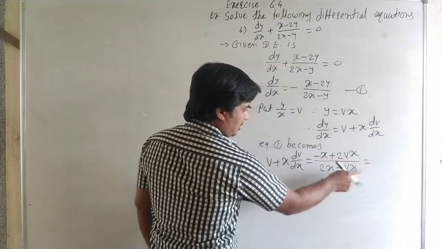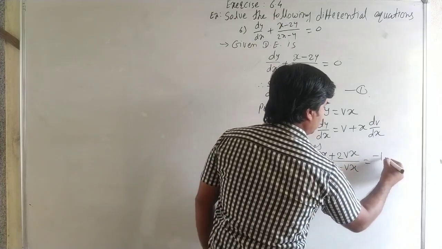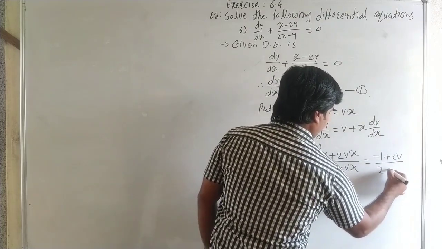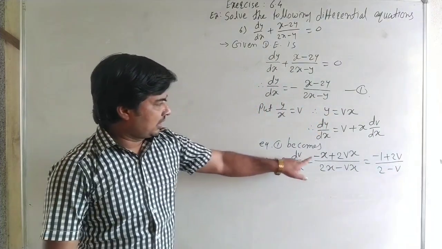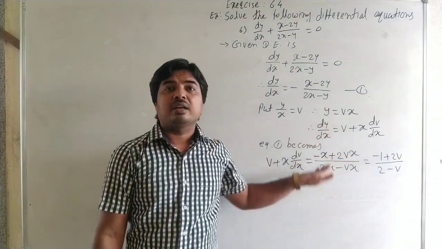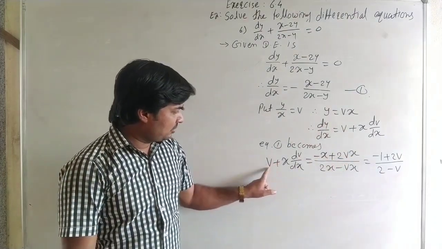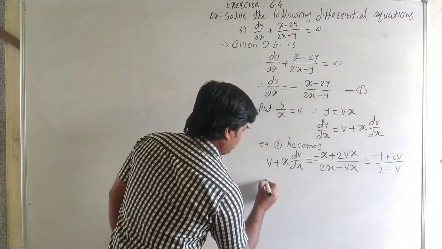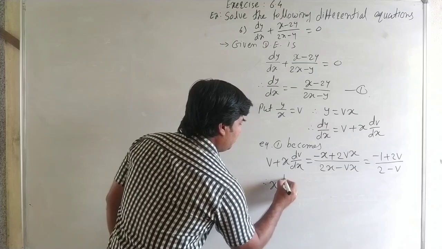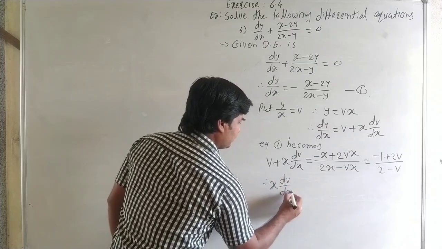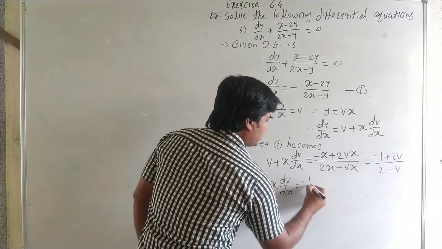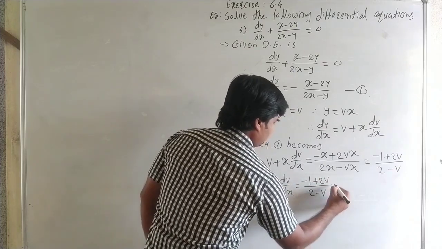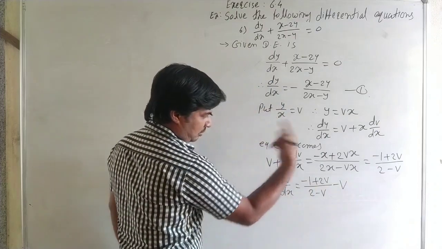Then this x gets cancelled, we will take minus 1 plus 2v upon 2 minus v. Here x is taken common and gets cancelled. Now it is v plus x dv by dx, we can write v on the other side with minus. Therefore x into dv by dx is equal to minus 1 plus 2v upon 2 minus v, and minus v.